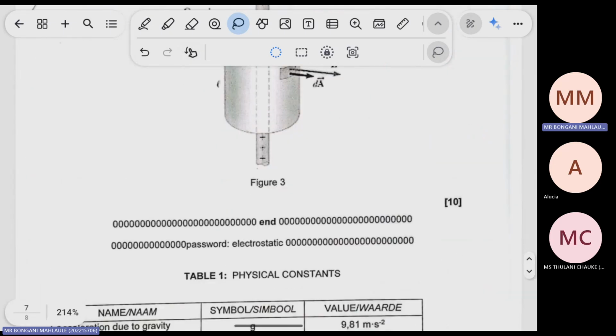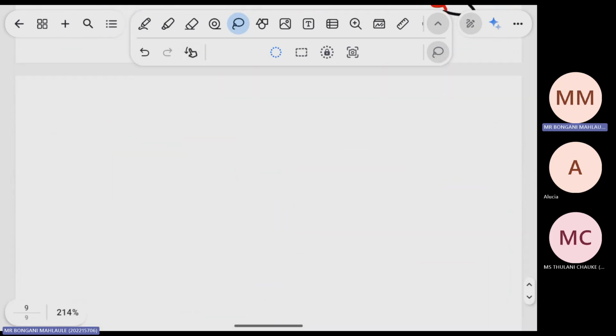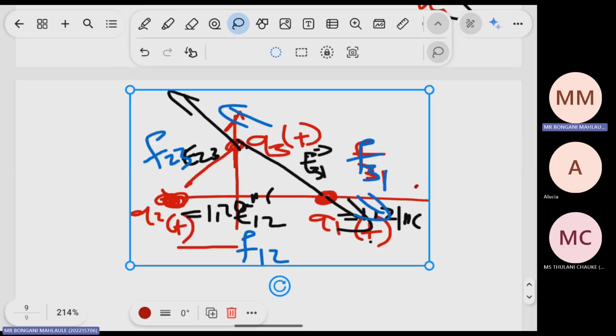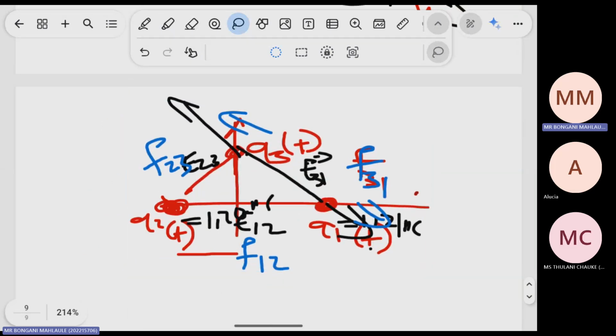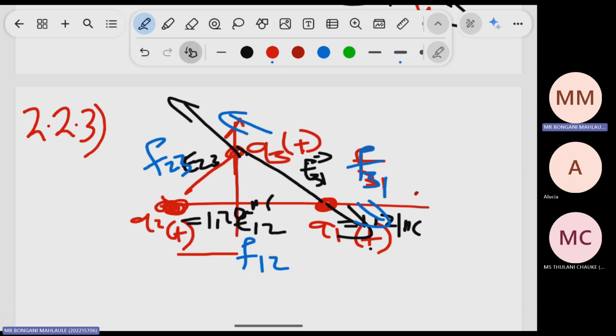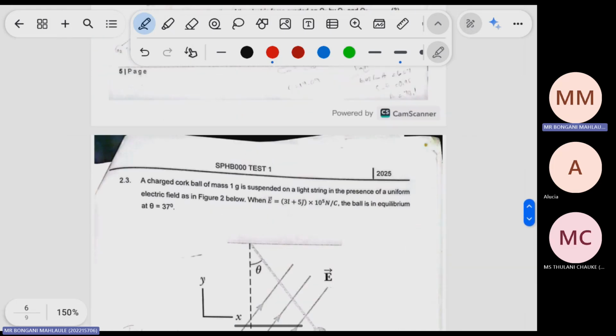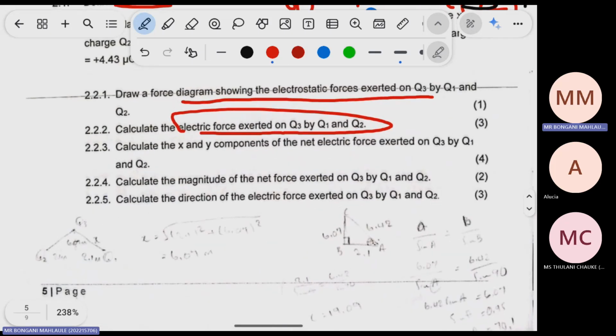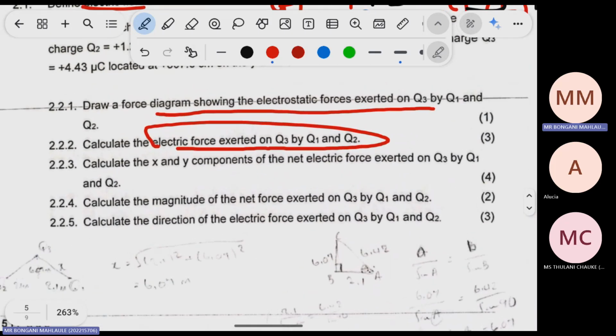Okay. So now doing 2.2.3. Calculate the net force. Okay, calculate the X and Y components.